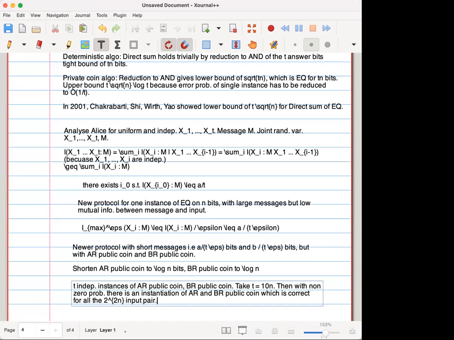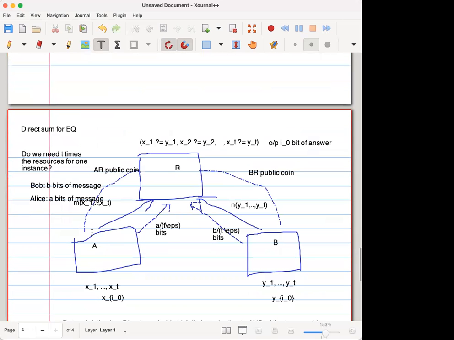Okay. So fix this instantiation. Now there are 10n instances of the AR public coin here, and 10n instances of the BR public coin out here. Instantiation means the public coin is fixed. So there are 10n fixed coins here, and 10n fixed coins out here.